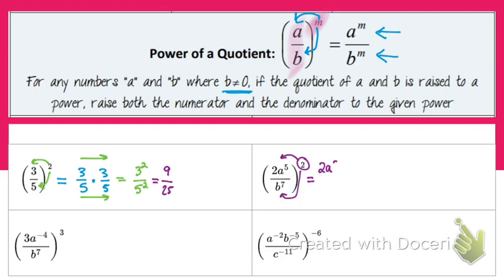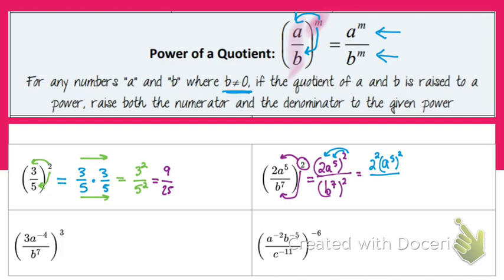So the 2a to the 5th will get squared, and the b to the 7th will get squared. Now there are going to be multiple steps of work here, because I can see that I have a power of a product property, and I need to apply that exponent of 2 to both the 2 and the a to the 5th.